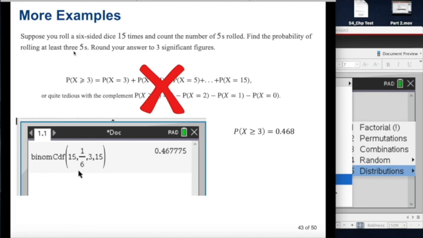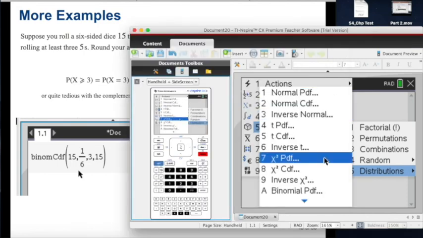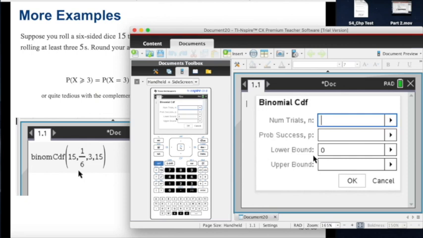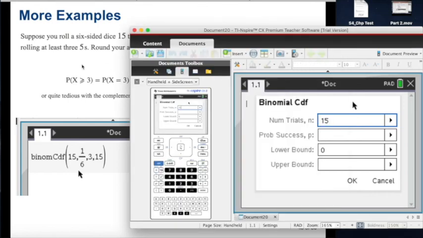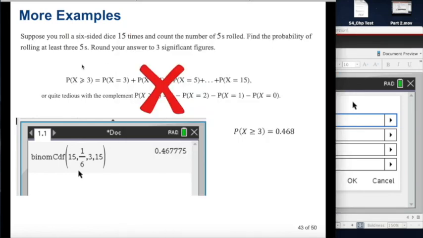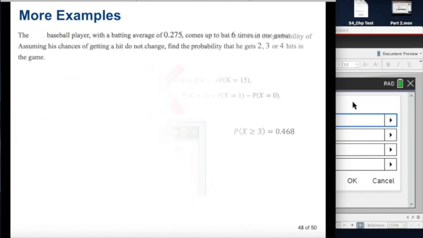So that means we have to use binomial CDF, because the question is not asking for an exact number of success. Right, number of trials is 15, because the dice is rolled 15 times. And the probability of success, well, the random variable in this case is obtaining a 5, and the probability of obtaining a 5 is 1 over 6 in one roll of a dice.